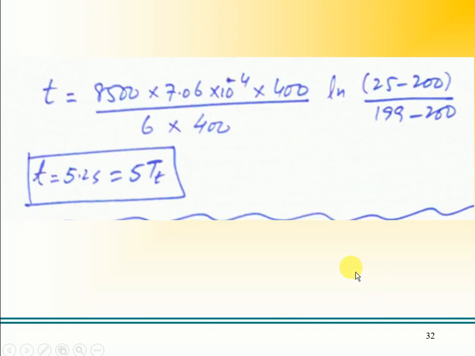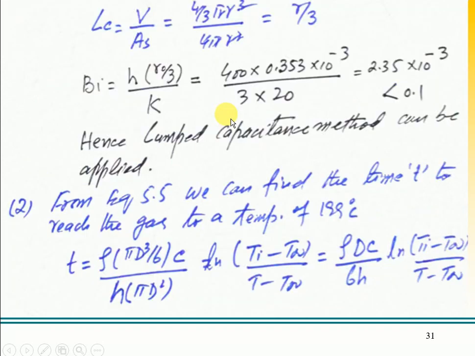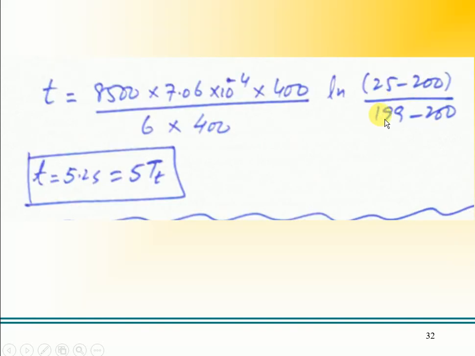We know the values of rho, diameter, and capacitance; everything is known. Ti is 25 and T infinity is 200, and the T we need is 199. That gives 5.2 seconds, which is almost 5 times the time constant required to reach that particular temperature.